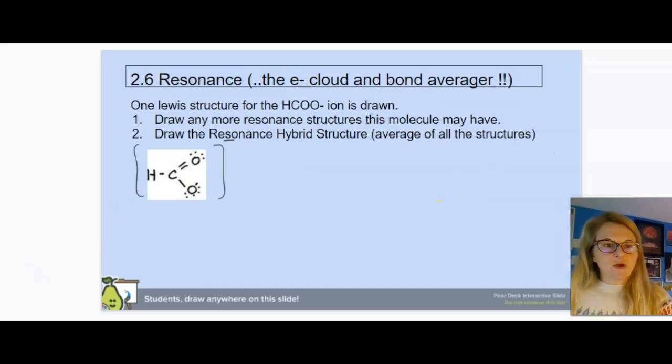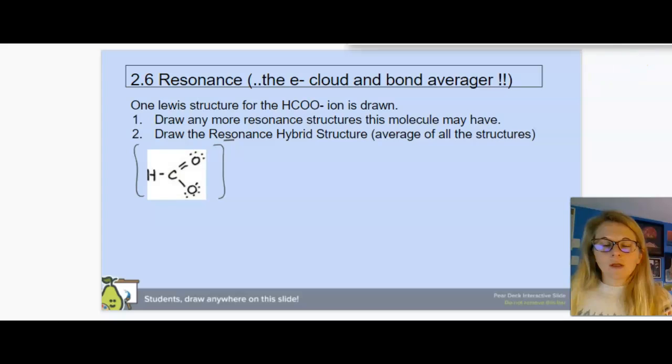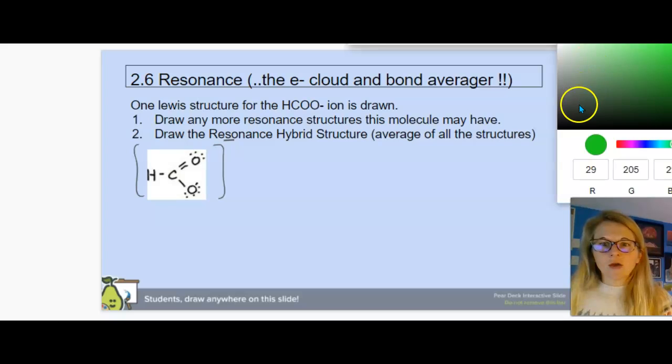So let's go to our next slide. And just remember that, here we go. I'm going to change my color. All right. So when we go to draw, I have my little tablet here.